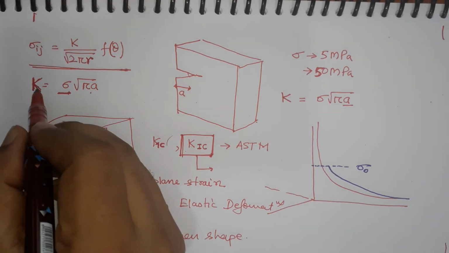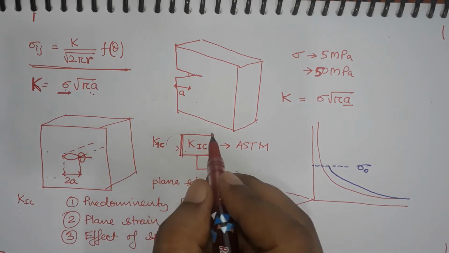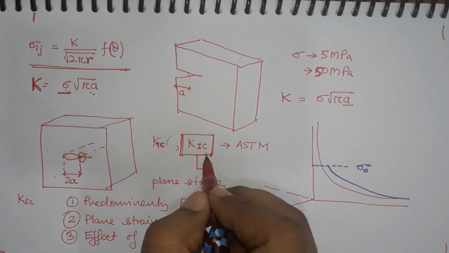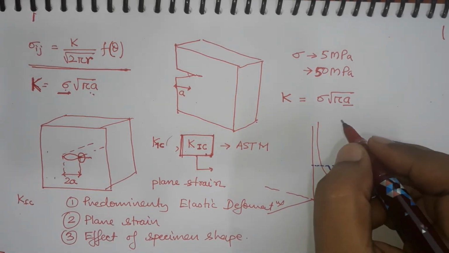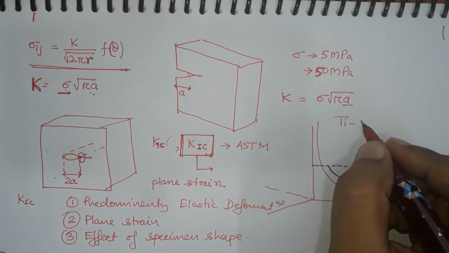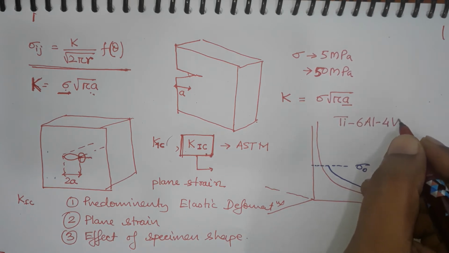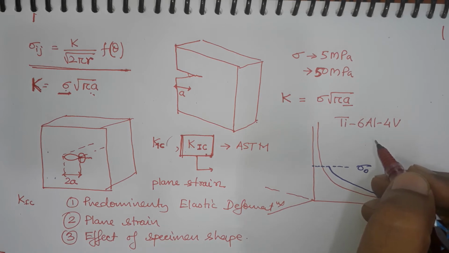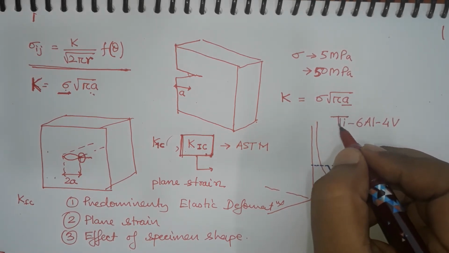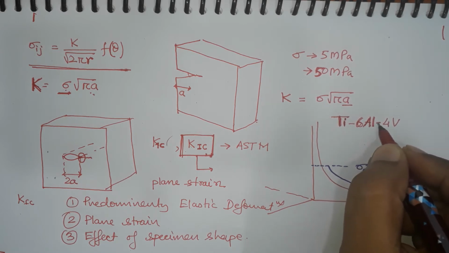So, as long as I write just K, it is sigma root pi a, but when I say it is K1C, then K1C is a material property. It is like yield strength, which is also a material property. So, for instance, for titanium alloy, let us say titanium 6 aluminum 4 vanadium, which is the space material. It is also used in naval application. It is also used in armor application.